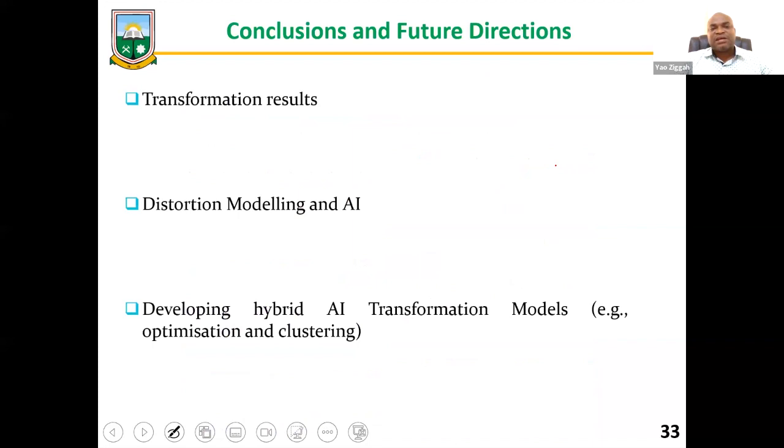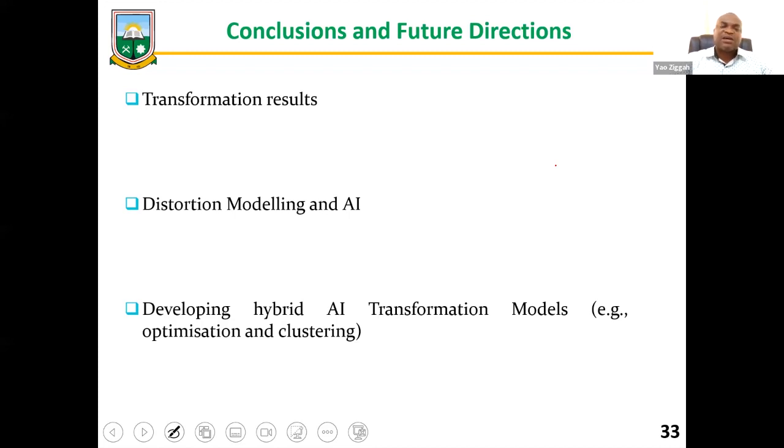Then when we look at the transformation results that we've presented so far, you will notice that one of the biggest trademarks of AI is that it is able to improve the transformation accuracy that we normally get from the conventional methods.